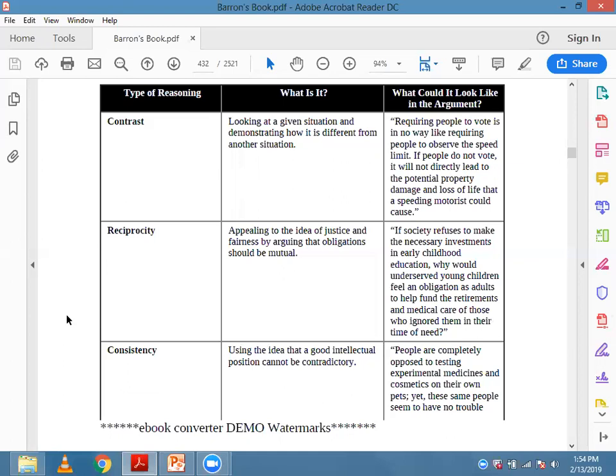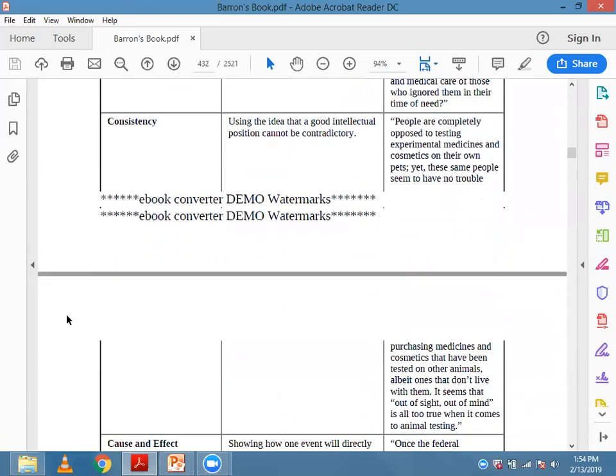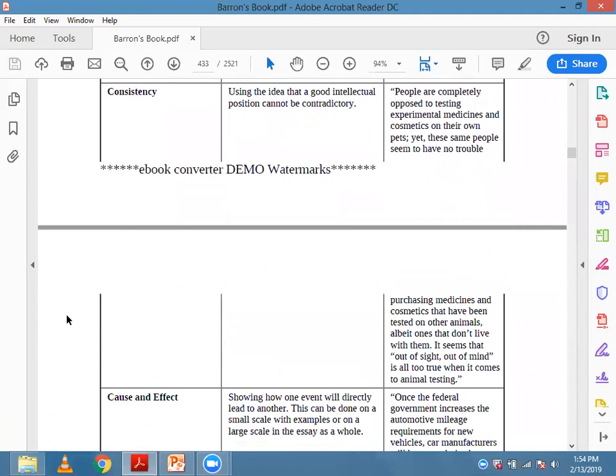Let's have a look at the example presented here. People are completely opposed to testing experimental medicines and cosmetics on their own pets. Yet, these same people seem to have no trouble purchasing medicines and cosmetics that have been tested on other animals, right?